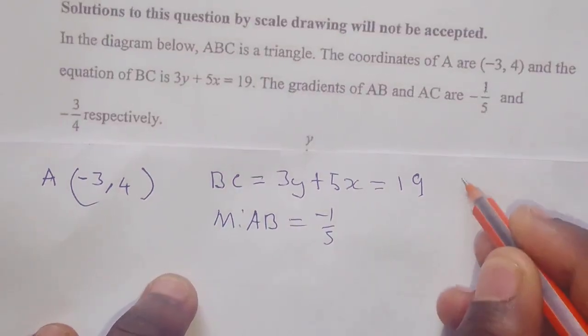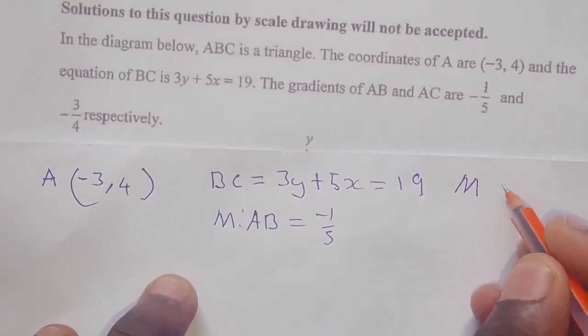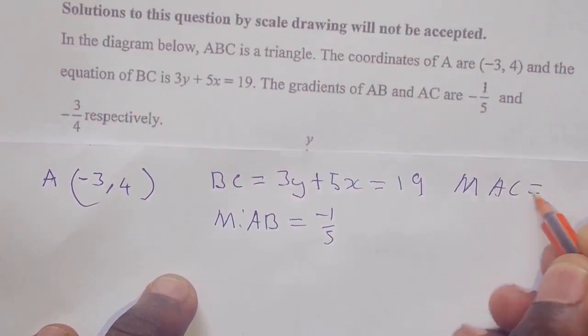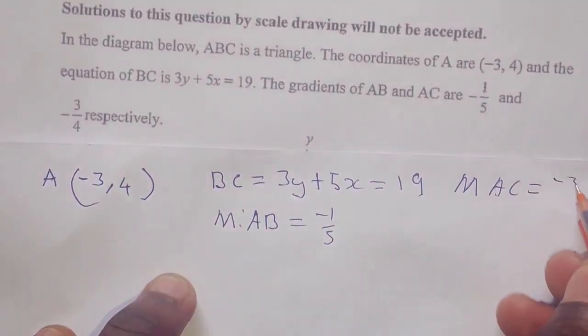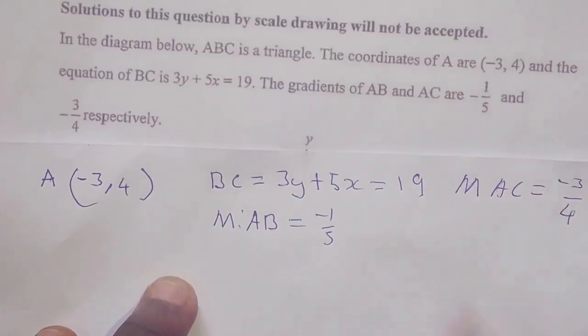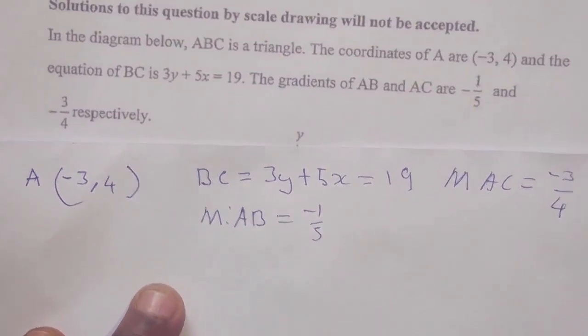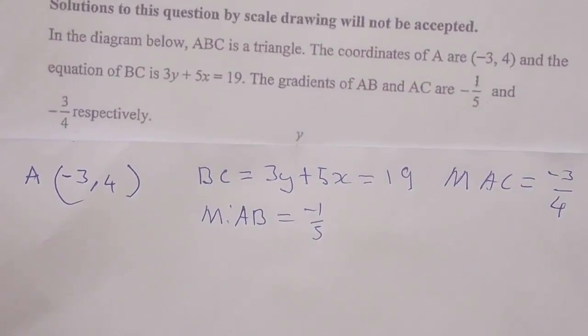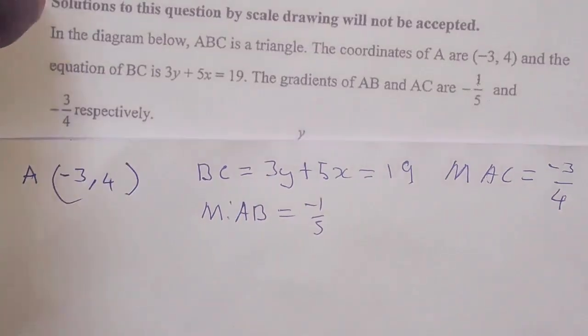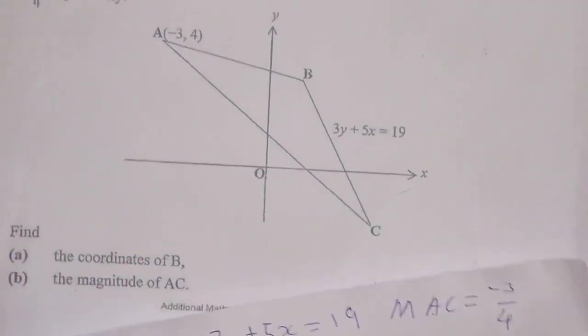So we also have M of AC, which is equal to negative 3 over 4. These are the pieces of information that we have. Having taken down the information given, we can now proceed to answering the questions. We have the coordinates of A, the equation BC, the gradient of AC, and the gradient of AB. So let's now proceed with answering.